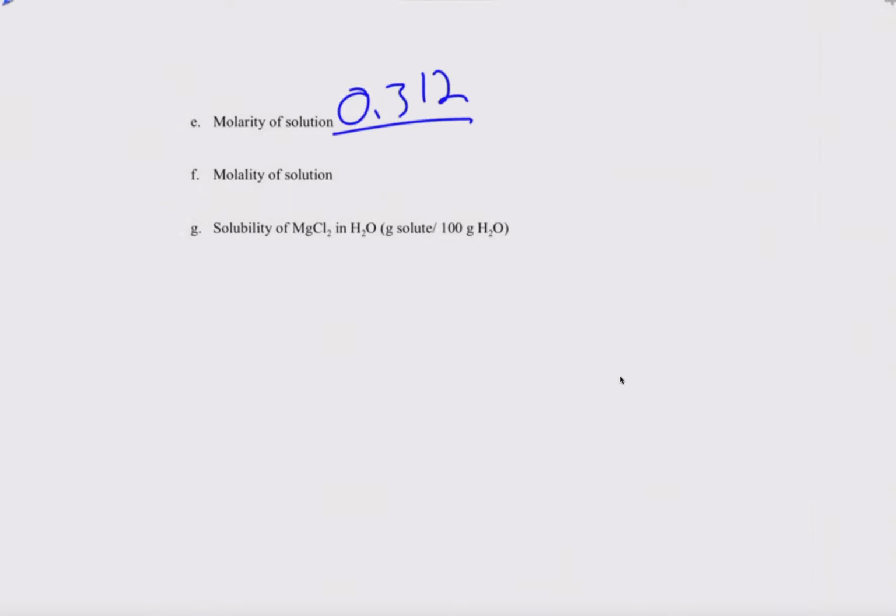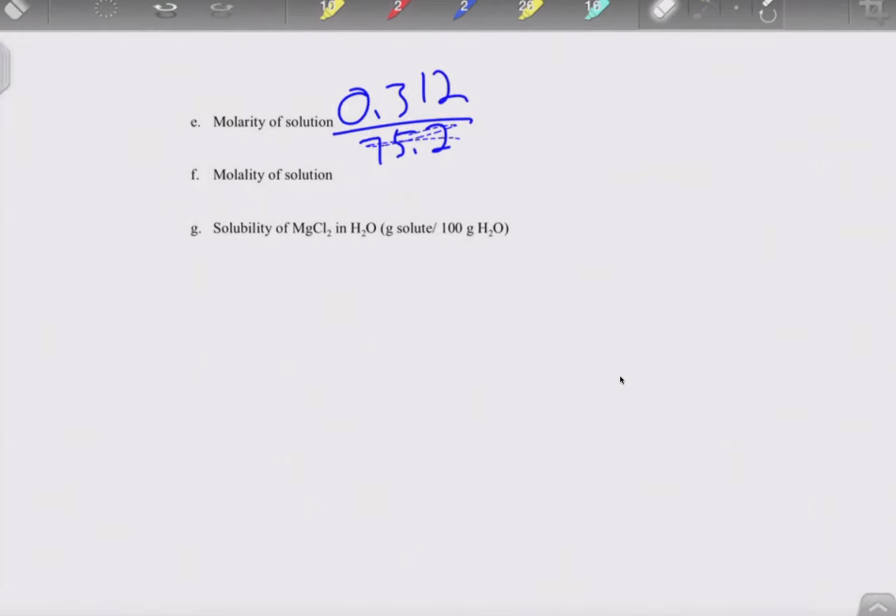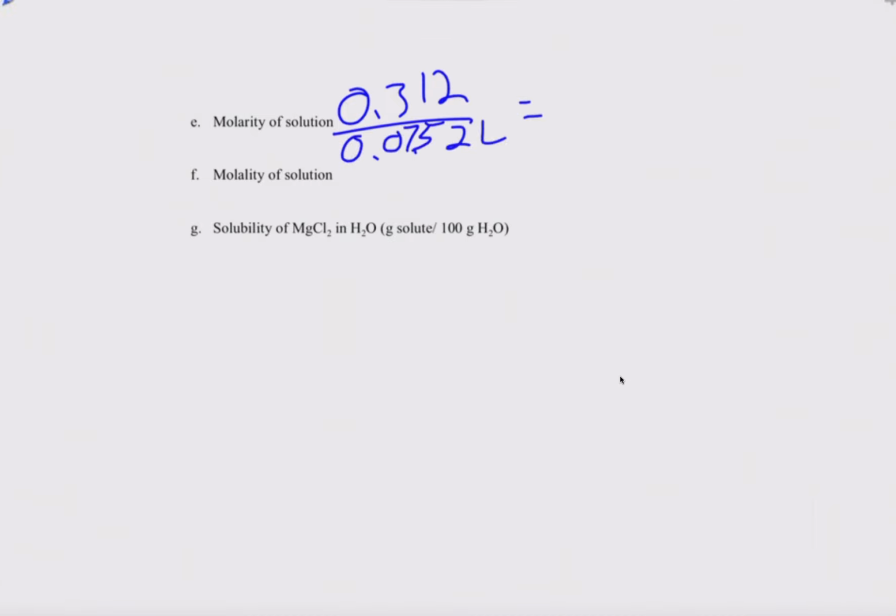The number of liters is 75.2, that's in the table back at the beginning, which is 75.2 milliliters, which means 0.0752 liters, which means that the solution had a concentration of 4.23 molar.